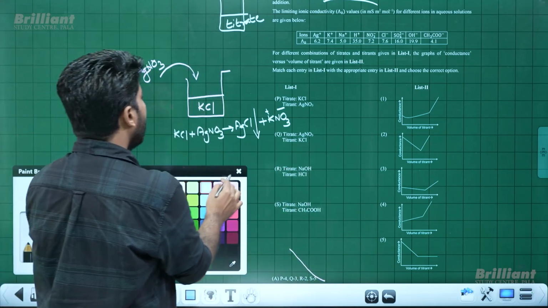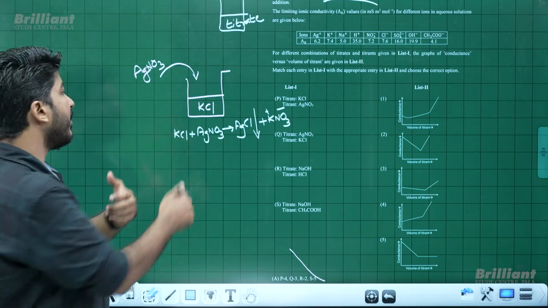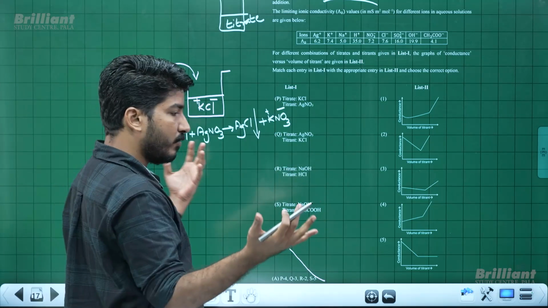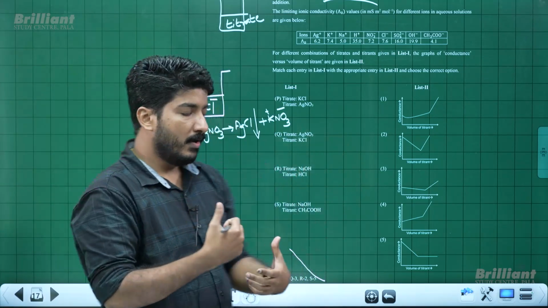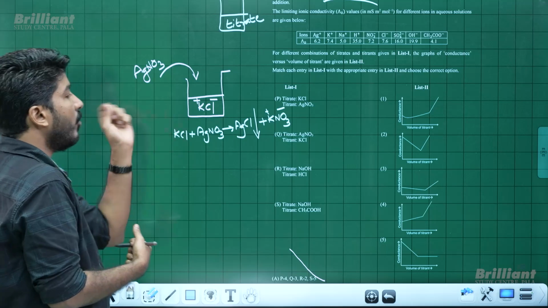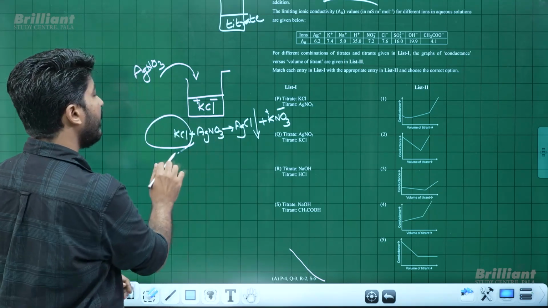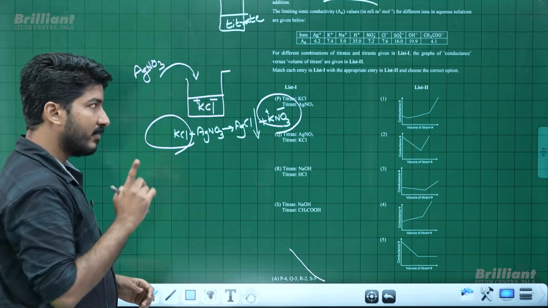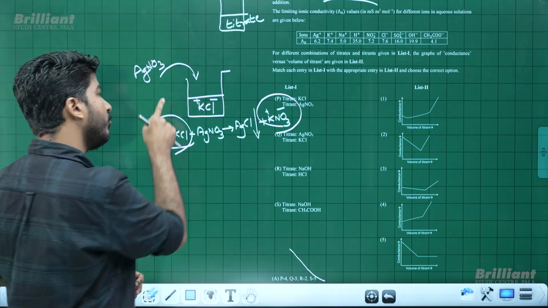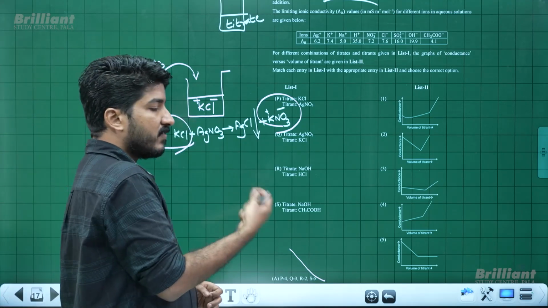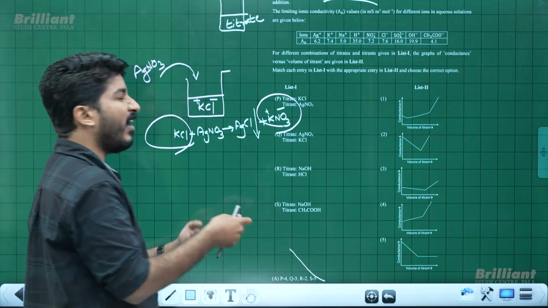Previously, before addition of AgNO3, we had K plus ions and Cl minus ions solvated individually, and now with each drop of AgNO3, gradually KCl is being replaced with KNO3, right? If you look into the solution correctly, each KCl is gradually changing to KNO3.